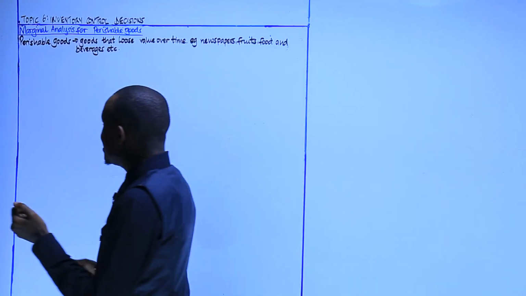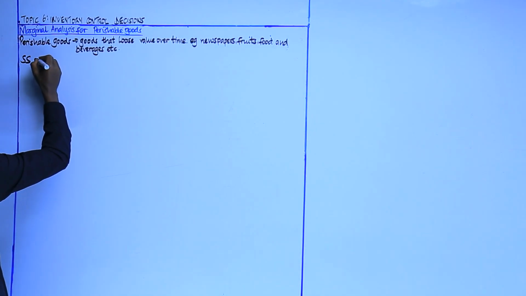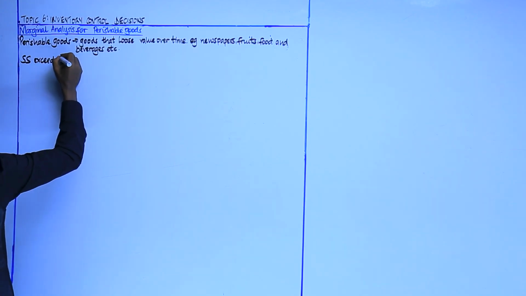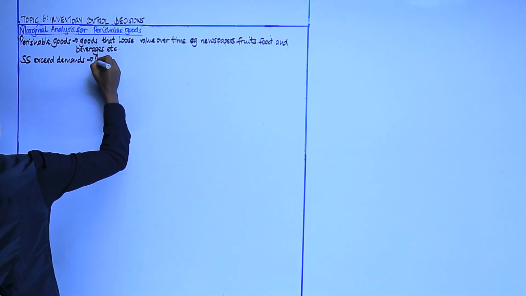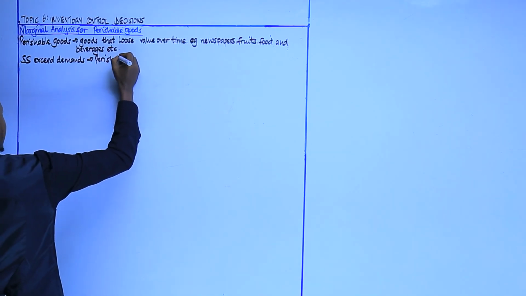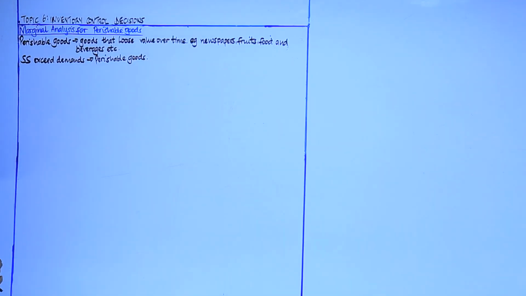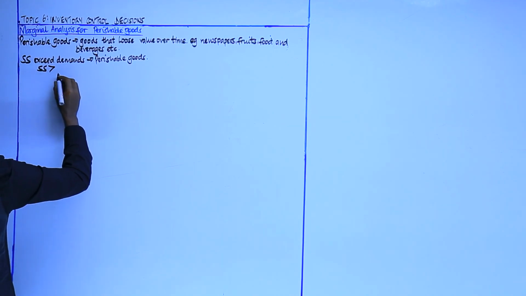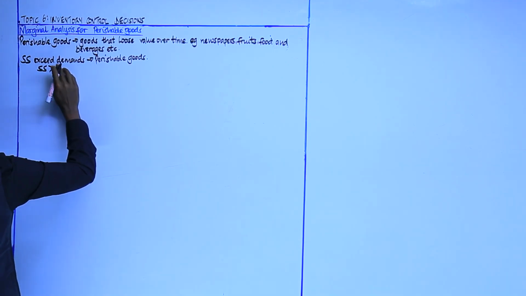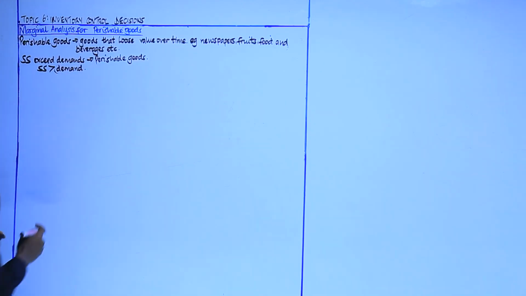When supply exceeds demand, then you will have perishable goods. Your supply is greater than your demand. That way, you're going to suffer from perishable goods.